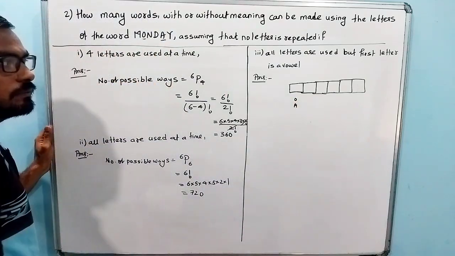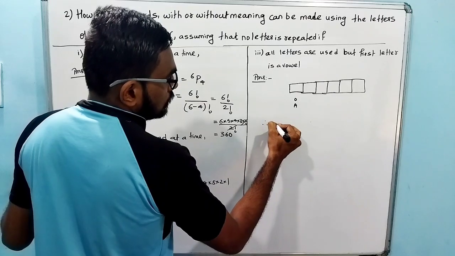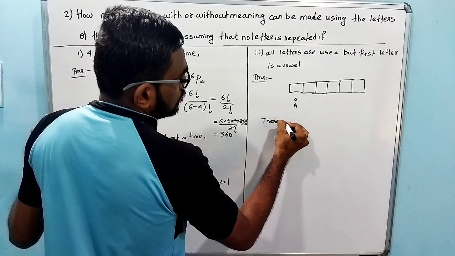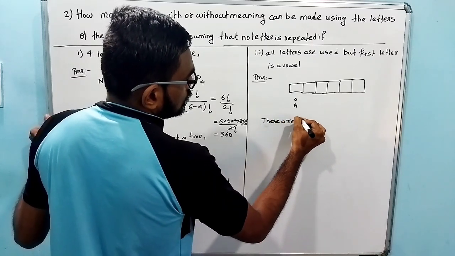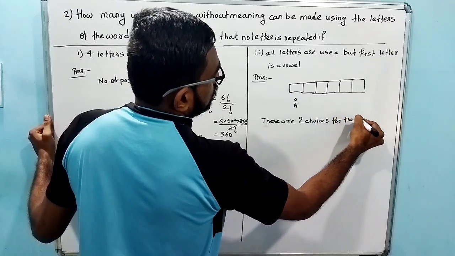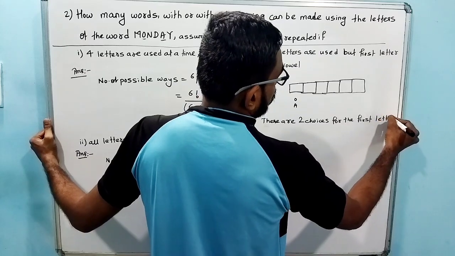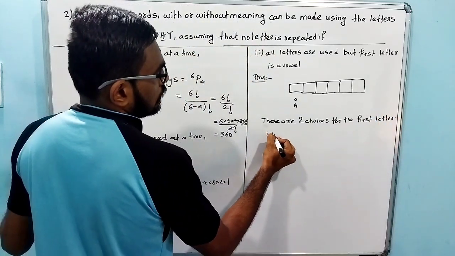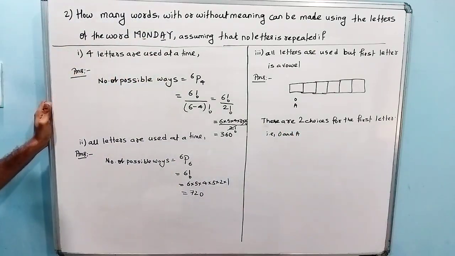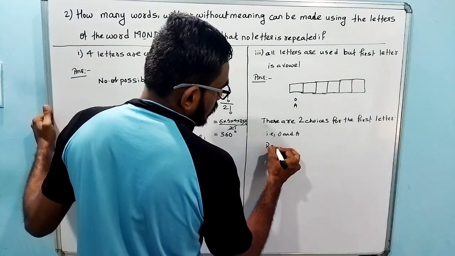So first place can be filled in 2 ways, or there are 2 choices for the first letter. Okay, that is O and A. So there are 2 choices for the first letter, that is O and A. So remaining 5 letters can be filled in how many ways?